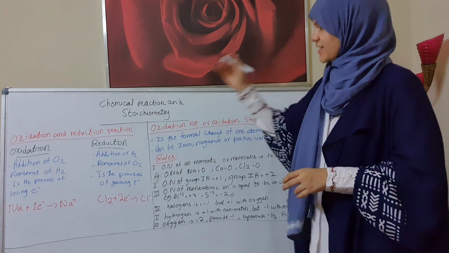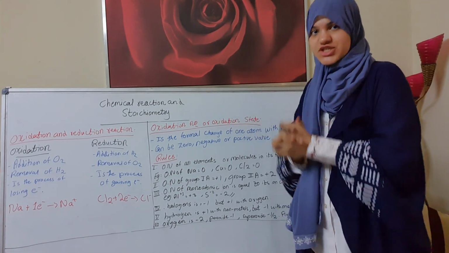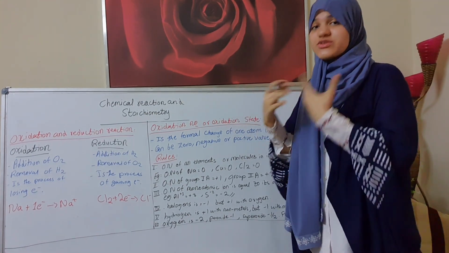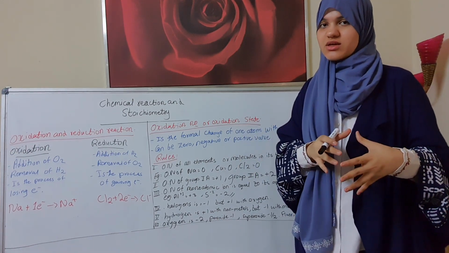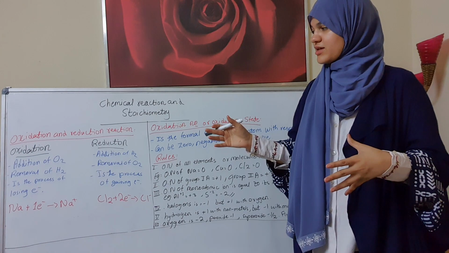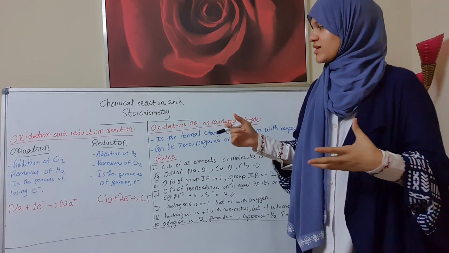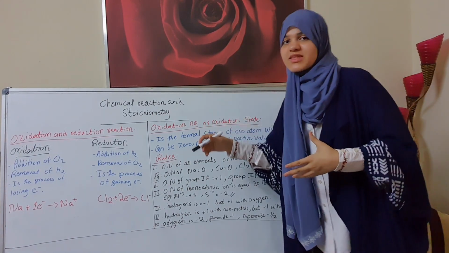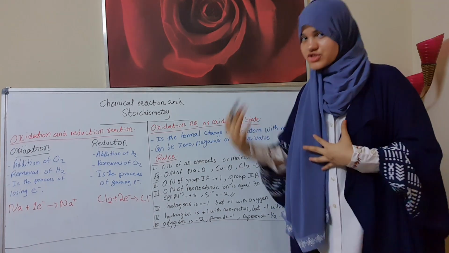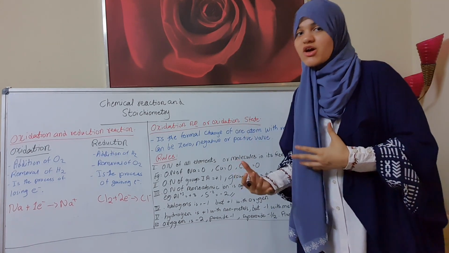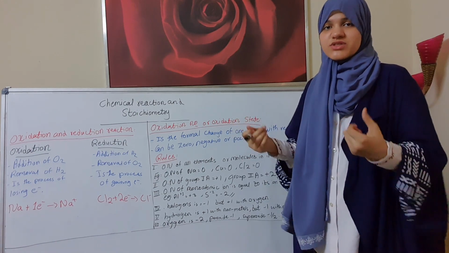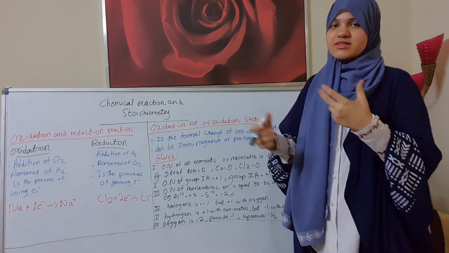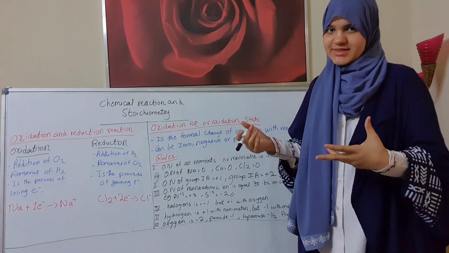First of all, oxidation is the addition of oxygen and removal of hydrogen, and is a process of losing electrons, like for example metals. And reduction is the addition of hydrogen and removal of oxygen, and is a process of gaining electrons, like for example nonmetals.